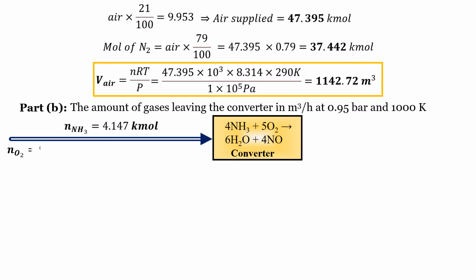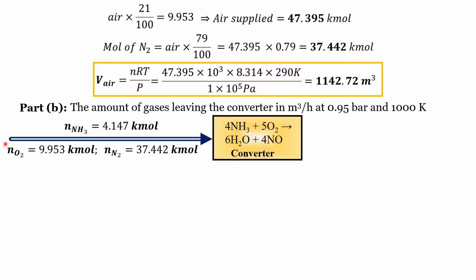Here the ammonia is entering and air is entering. We have estimated the moles of oxygen and moles of nitrogen. These are the moles of nitrogen, and here we have used the moles of oxygen.